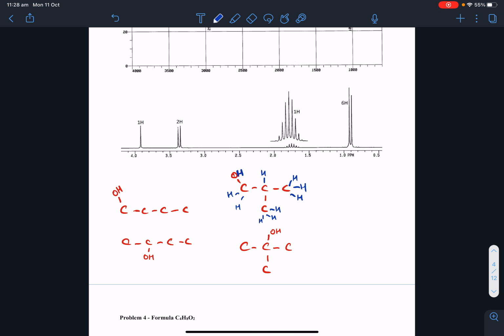Okay, I've got that one there, that alcoholic hydrogen, and I will have 1, 2, 3, 1, 2, 3, 1, 2, 3. And back over to these straight chain ones, I'll have 1, 2, 1, 2, 1, 2, and 1, 2.